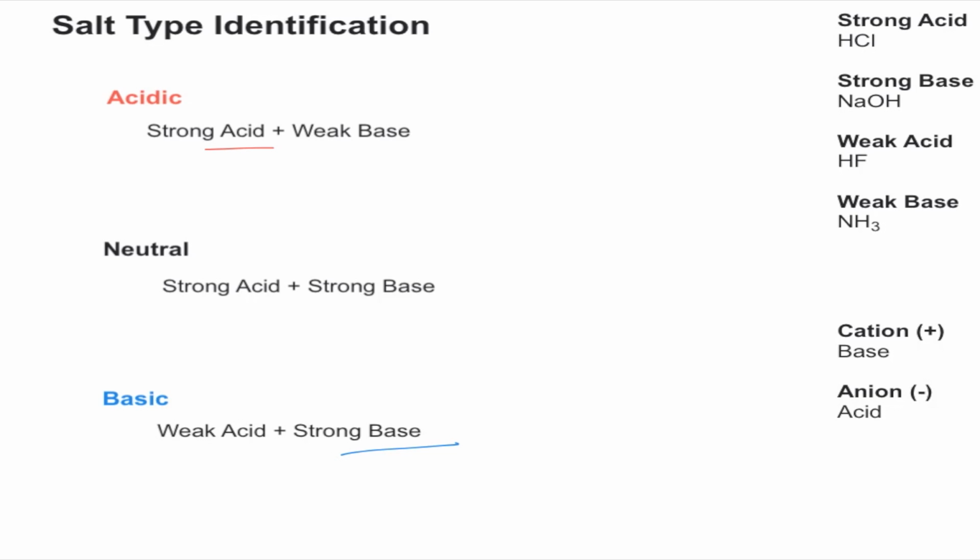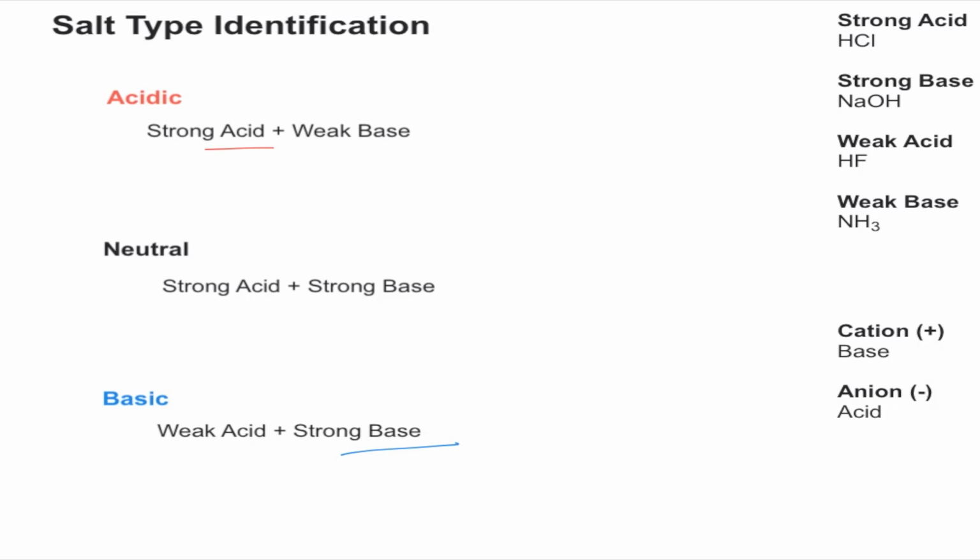In scenarios in which you have a weak acid and a weak base reacting, you'll probably want to compare pKa's and pKb's, or even look at how much of the solution there is, or the given substance in general, to try to determine what type of salt it is.